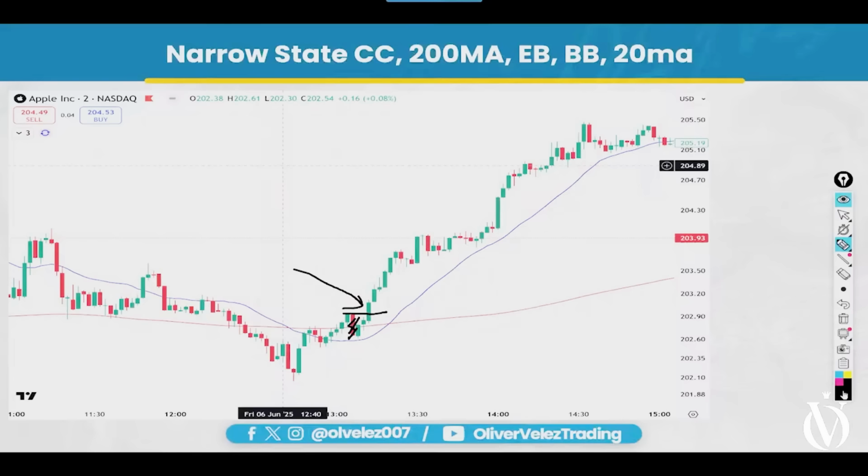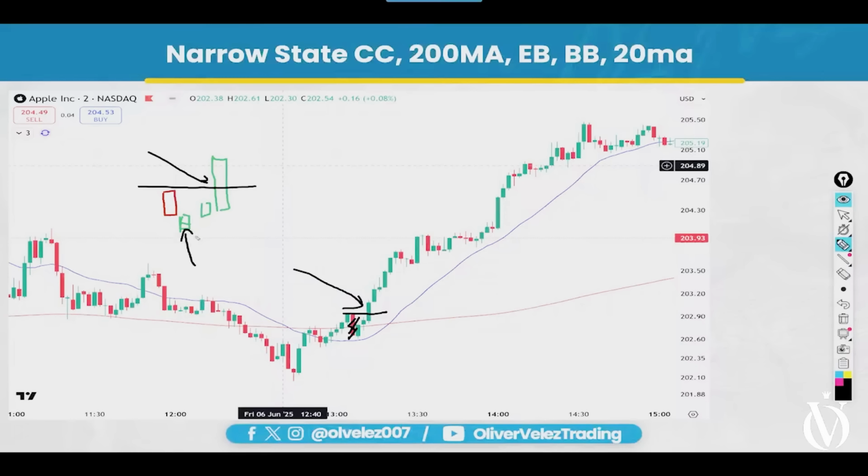So we teach your kid, when you get an elephant bar, it's powerful enough. But if it's also taking out a red bar before it, it's more powerful. So this had some green in between there, right? This had some green in between there, but it's taking out the red for the first time here.